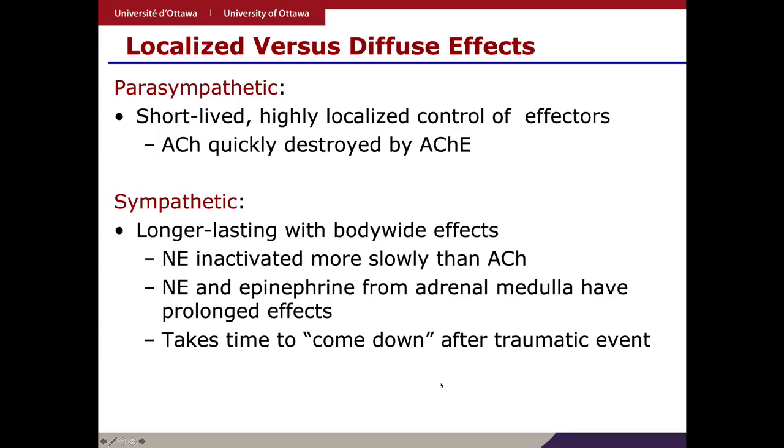These effects continue for several minutes until the liver destroys the hormones. In short, sympathetic nerve impulses act only briefly, but the hormonal effects they provoke last a long time. The widespread and prolonged effect of sympathetic activation explains why we need to come down after an extremely stressful experience.